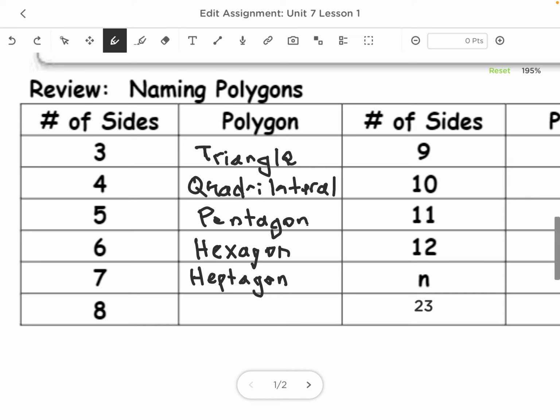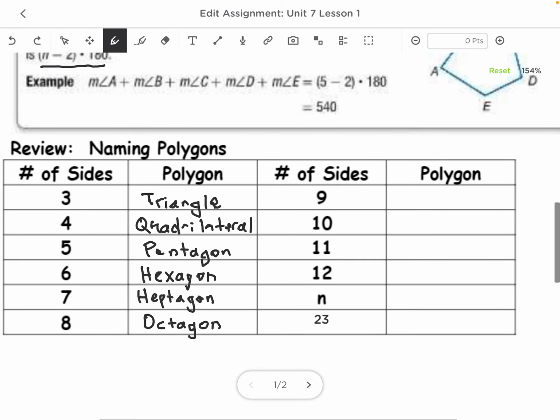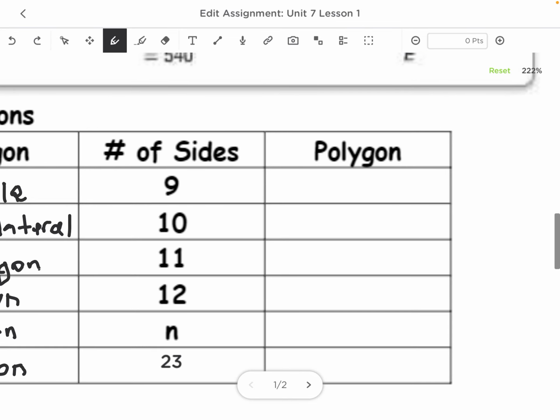An 8-sided figure, everybody should know this one, is an octagon. Something with 9 sides, there's maybe a new one, is a nonagon. 10-sided is a decagon.